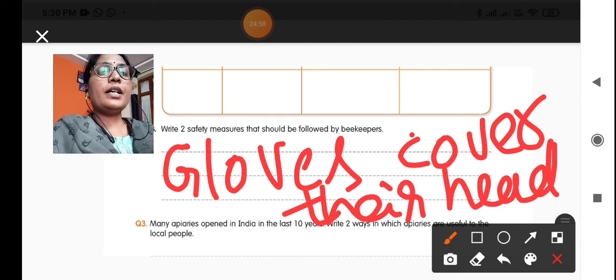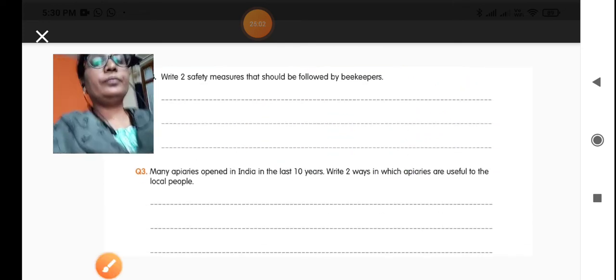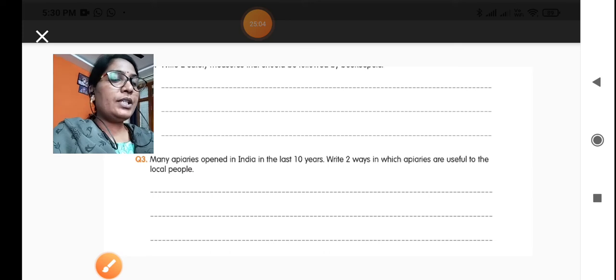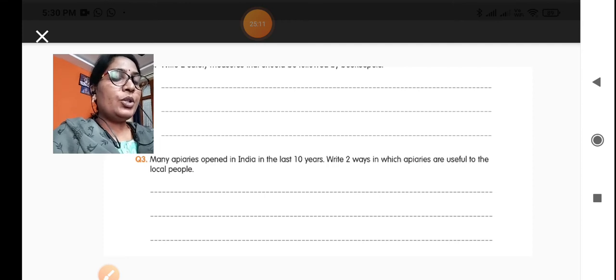Why? Because bee stings are very harmful for them. Understood? Now, the last question is, many apiaries opened in India in the last 10 years. Write two ways in which apiaries are useful to us.